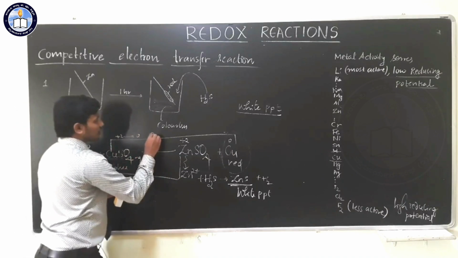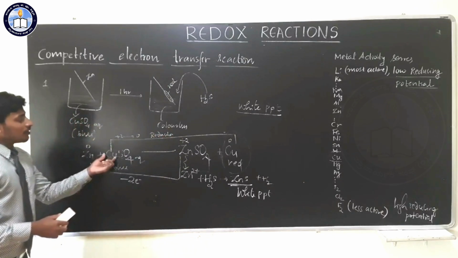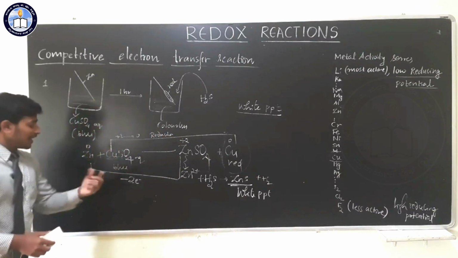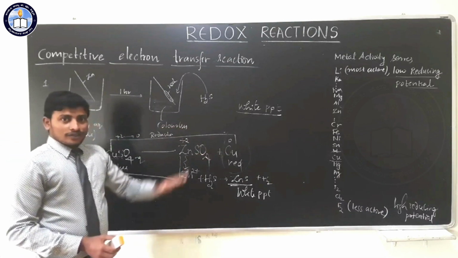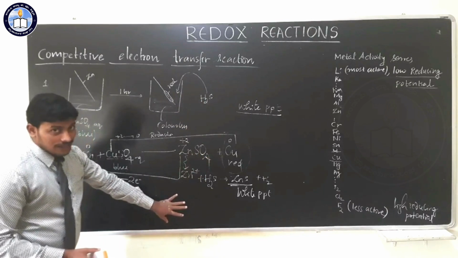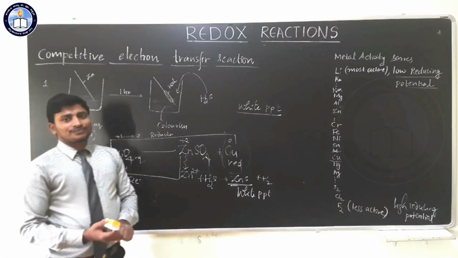That is known as reduction. This copper in the +2 state took 2 electrons from zinc and turned into copper. So it is clear that zinc lost 2 electrons.